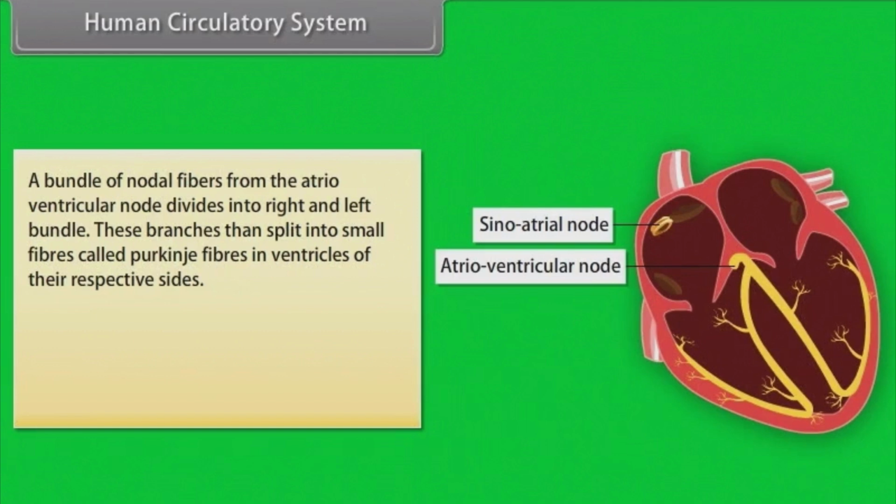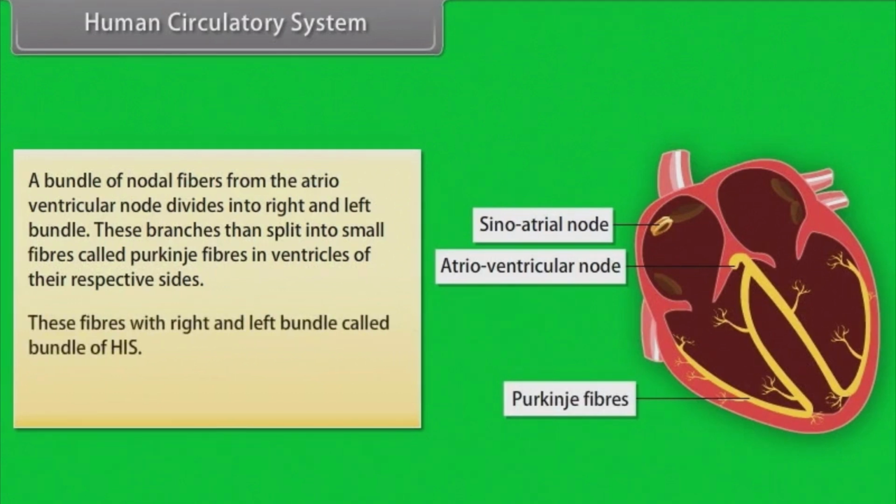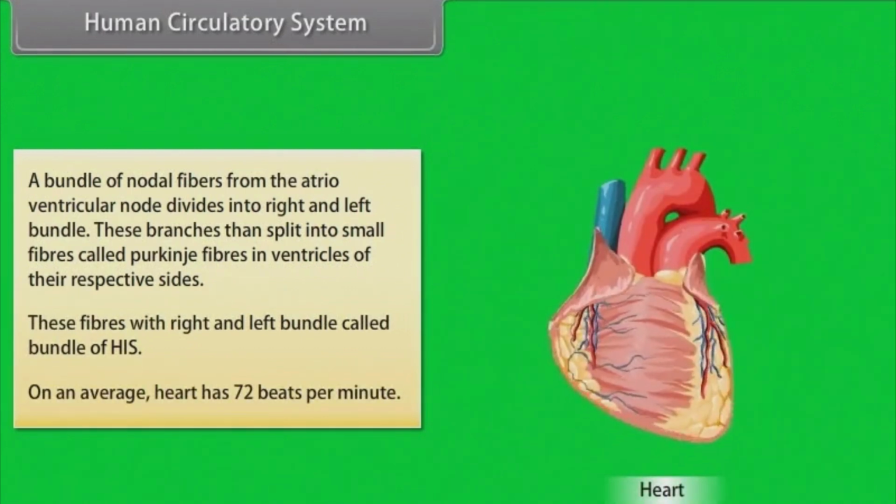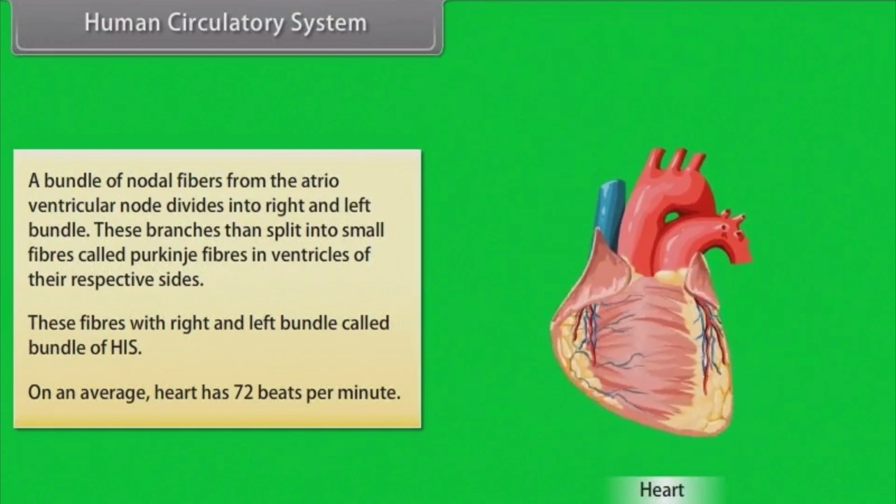These branches then split into small fibers called Purkinje fibers in the ventricles of their respective sides. These fibers with the right and left bundles are called the bundle of His. On an average, the heart has 72 beats per minute.